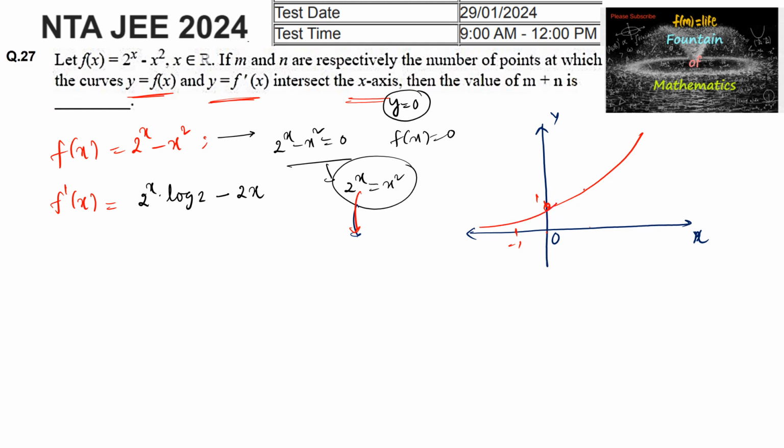So this is the graph for y is equal to 2 power x. And the graph for x square, y is equal to x square, is a parabola.